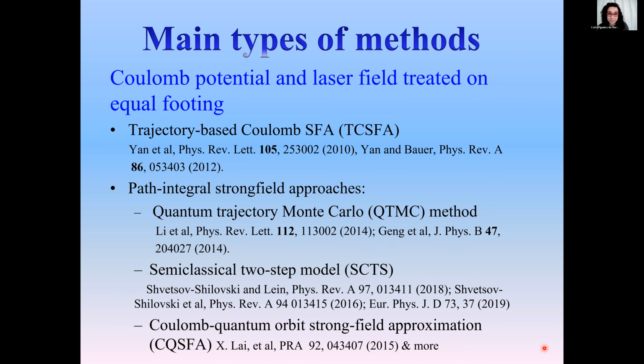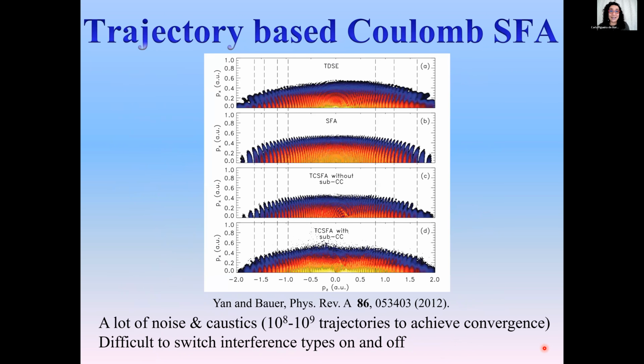So let's continue. How about this trajectory-based Coulomb SFA from Bauer, Yan, and co-workers? Well, it's nice in the sense that what you're doing is you're solving the full equations of motion in the continuum, and you also have to consider the first part of the dynamics, which is inside the barrier. So for instance, SFA again doesn't work. Here is what you would get from a numerical computation.